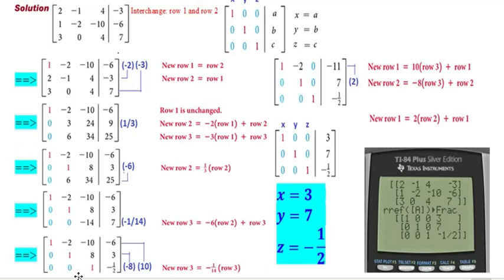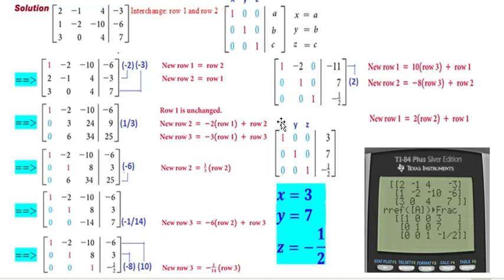To do that, we're going to turn first 8 to 0, minus 10 to 0. To do that, keep row number 3 as it is. Multiply row number 3 by minus 8 and add it to row number 2. Multiply row number 3 by 10 and add it to row number 1.